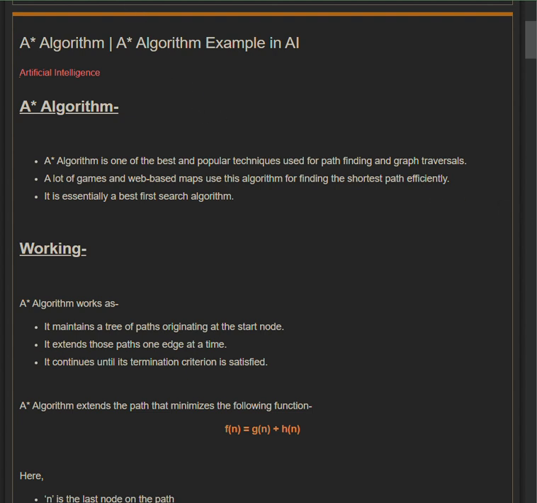Alright, let's begin. So, what is the A-star algorithm? A-star is essentially a best first search algorithm. It is designed to find the least costly path between a starting point and a goal by evaluating both the distance already traveled and the estimated distance to the goal. It uses a function called f of n that helps prioritize which path to explore next.